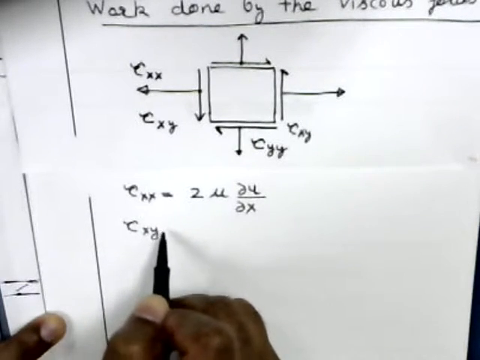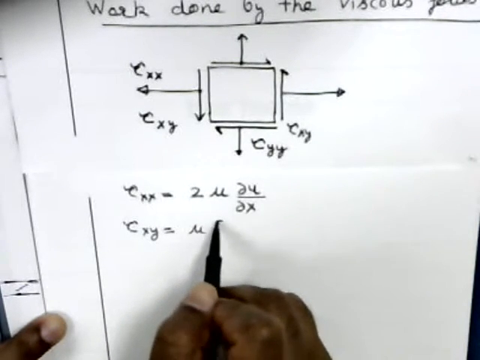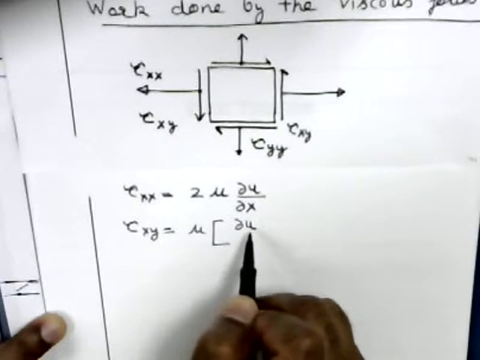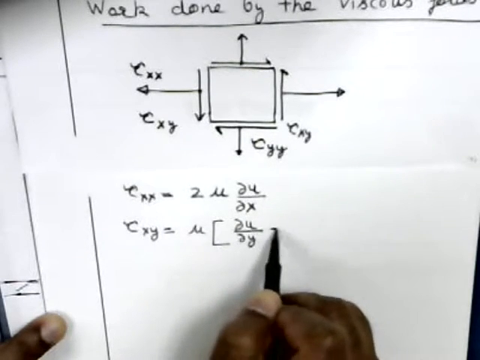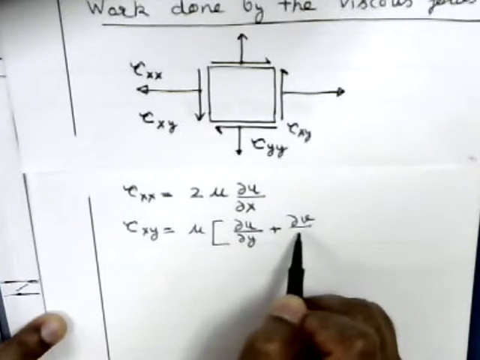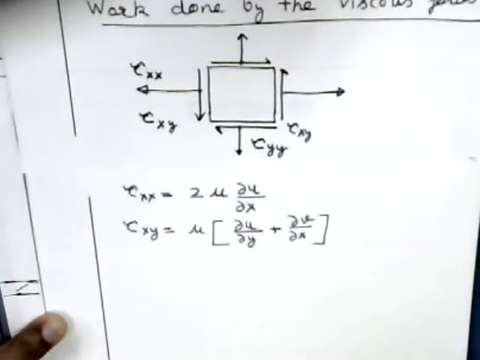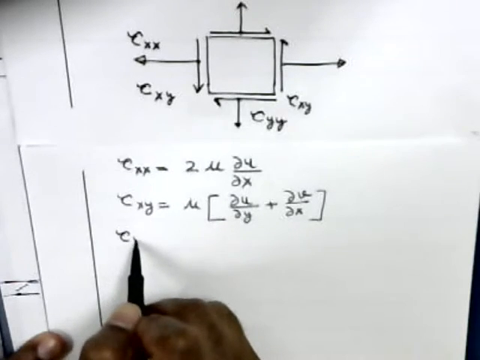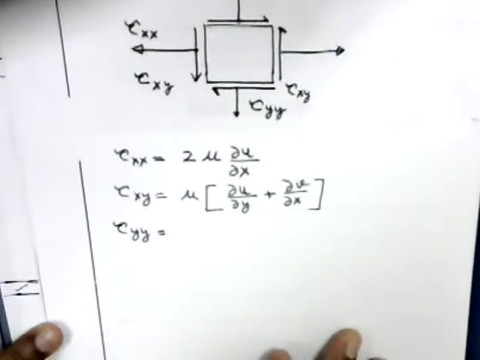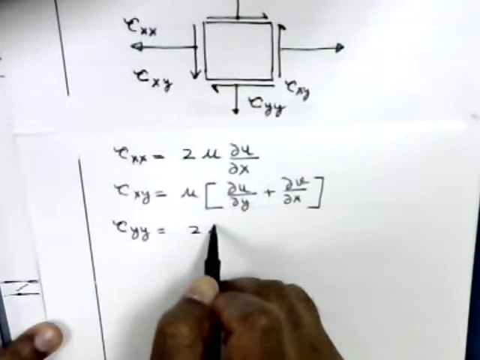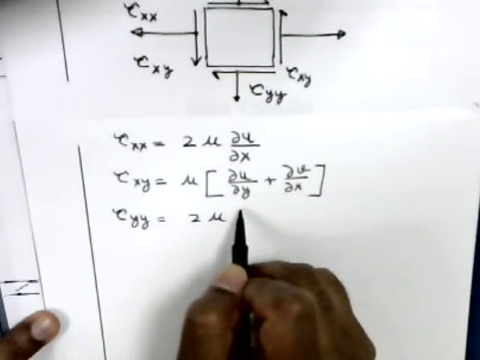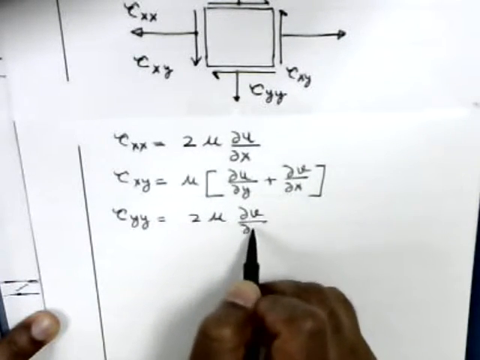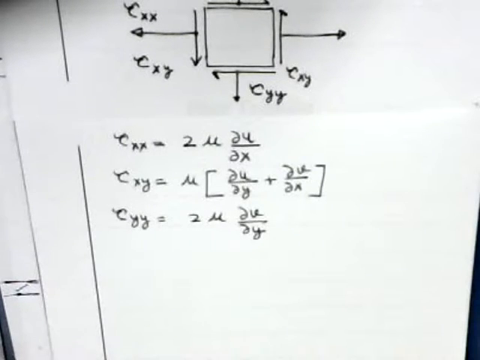Tau xy is mu times del u del y plus del v del x. Okay, that is tau xy. And tau yy is 2 mu del v del y. So those are the expressions for these viscous stresses.